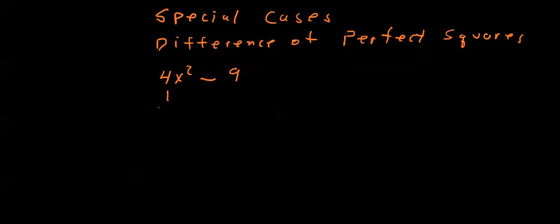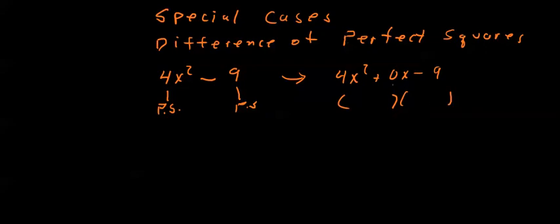This is a perfect square. I just say PS. This is a perfect square. So this is really nothing more than 4x squared plus 0x minus 9. You'll never write this. And when I factor and do my double smiley, I want 0.